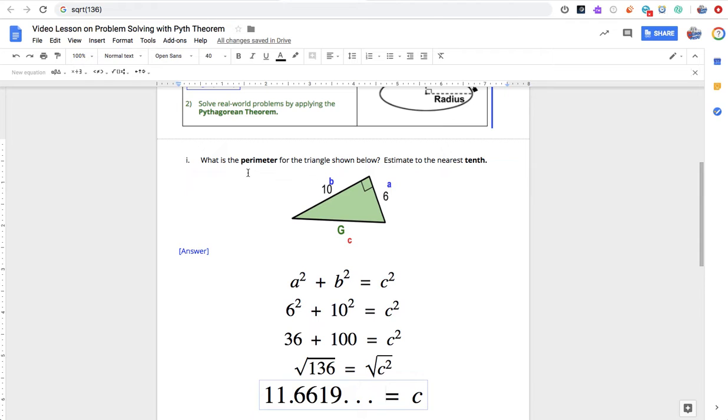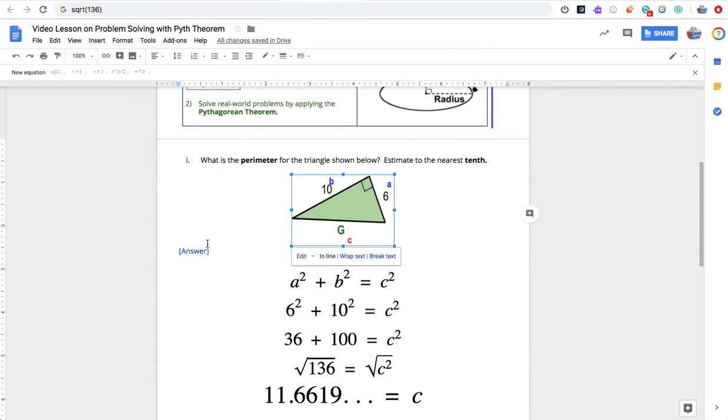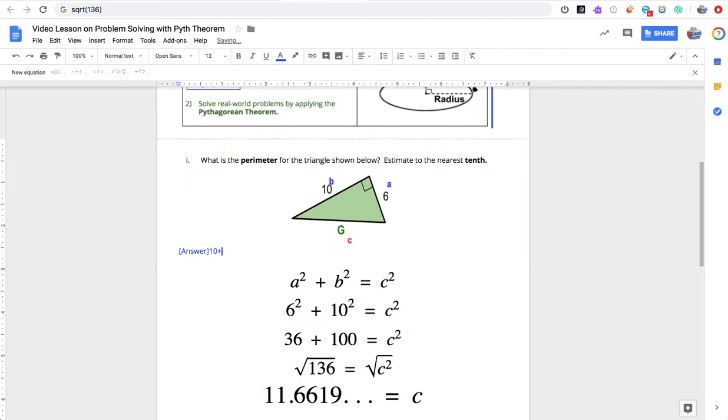They asked us what is the perimeter for the triangle. So the answer to this problem is not going to be 11.6619. I have to take that, add 10, and add 6. So my answer is going to be 10 plus 6, which gives us 16, plus the 11.6619, which is going to give us 27.6619, continuing.